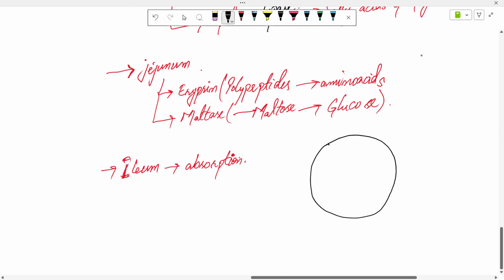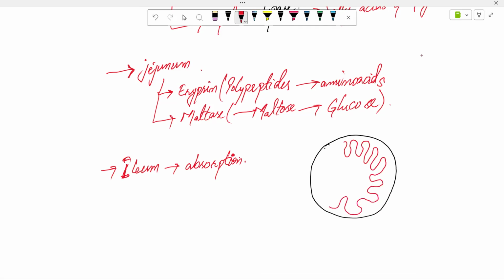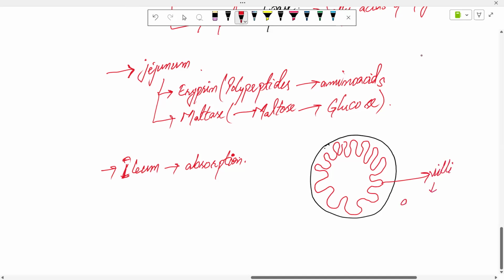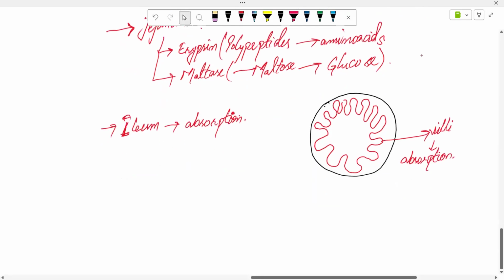This is small intestine, and this is the internal lining of the small intestine that consists of villi. These villi are present for the process of absorption of nutrients, and it has large surface area for the process of absorption. Large surface area.